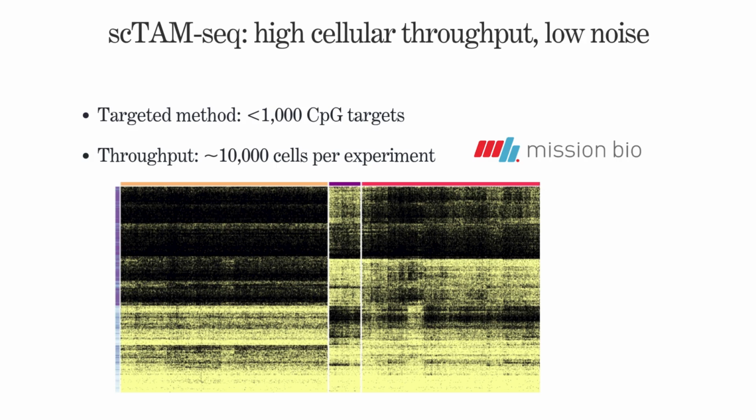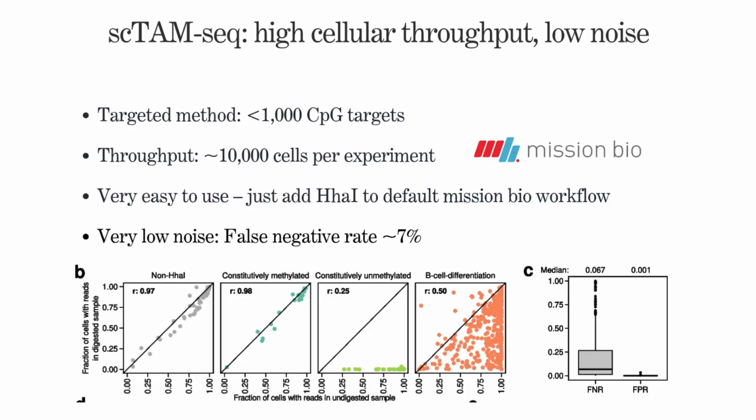And the only modification we did to this workflow was that we added, prior to the amplification, the digestion with a methylation-sensitive restriction nuclease. So what this does is that it cuts in a certain context if there's no methylation, but it leaves methylated DNA intact.